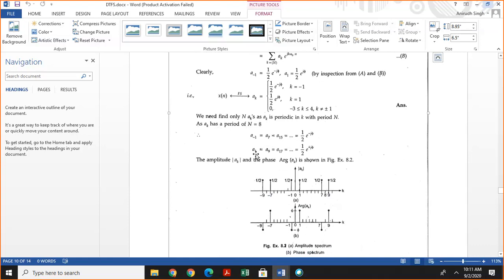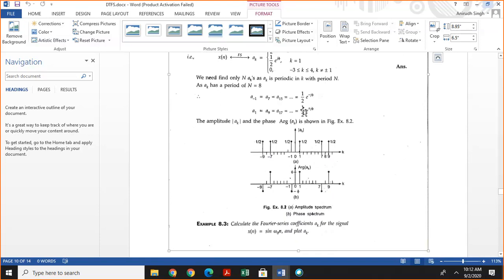Similarly, for a1, when we add 8, we get a9, a17, and the value of all these coefficients is equal to half exponential plus j psi.